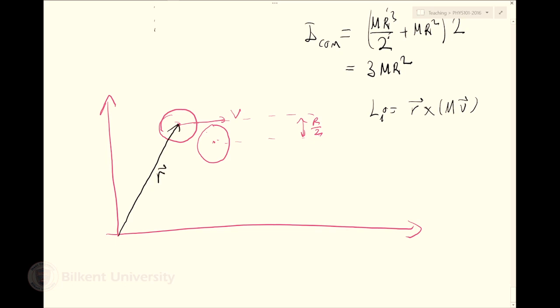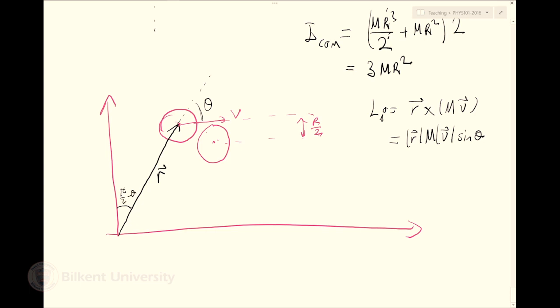Right. So I basically need the following. I need r magnitude times m times v magnitude times sine theta. How about the angle here?